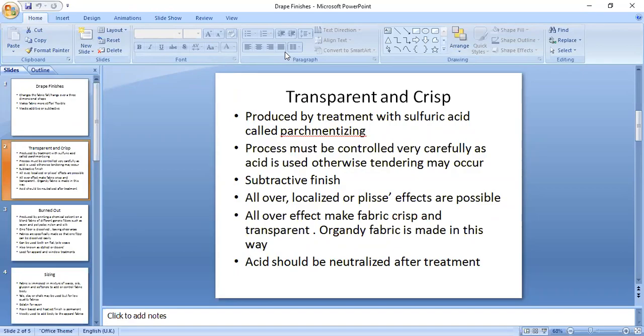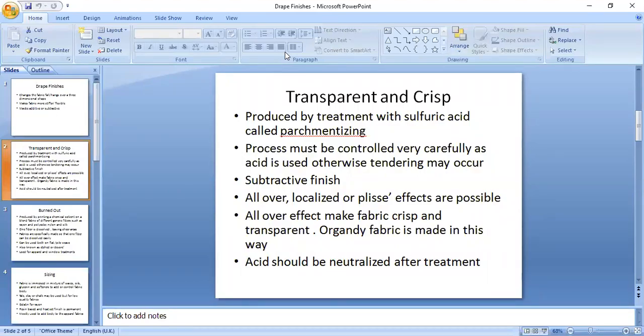Sulfuric acid dissolves cotton, so it is a subtractive finish. It is a subtractive process because part of the fabric is going to be removed.